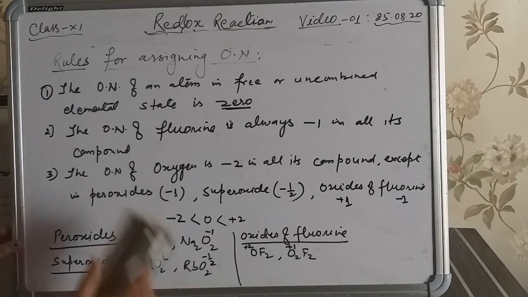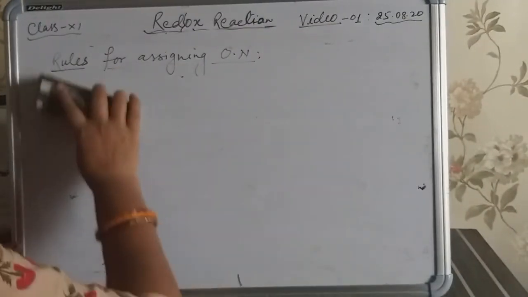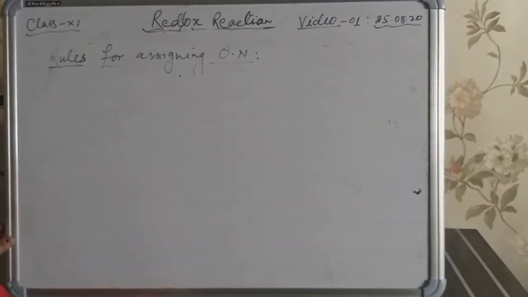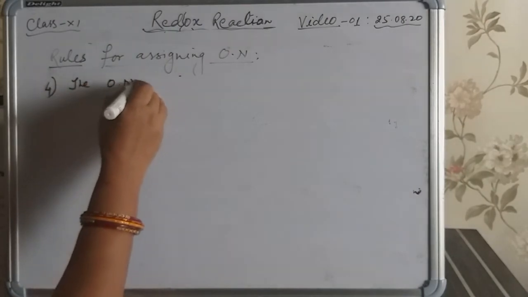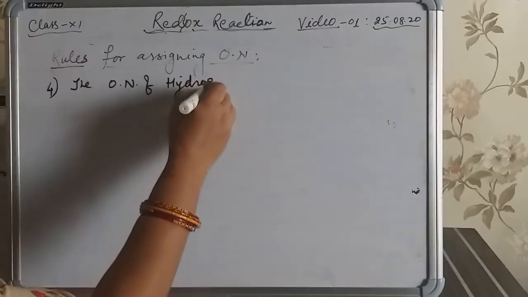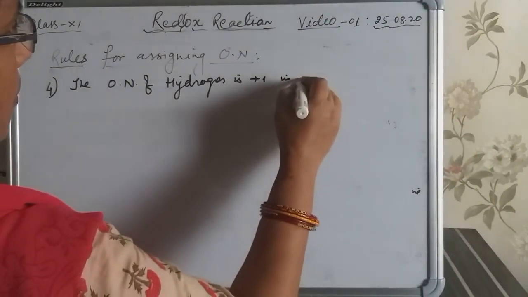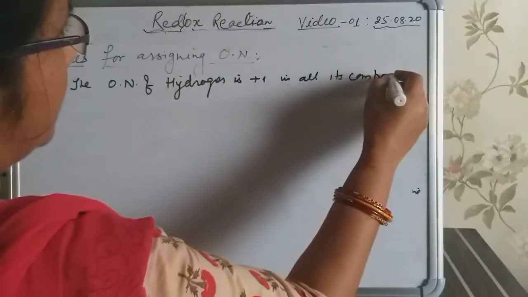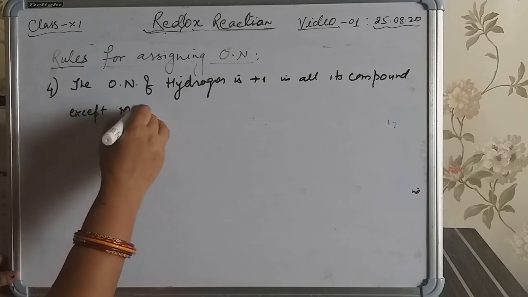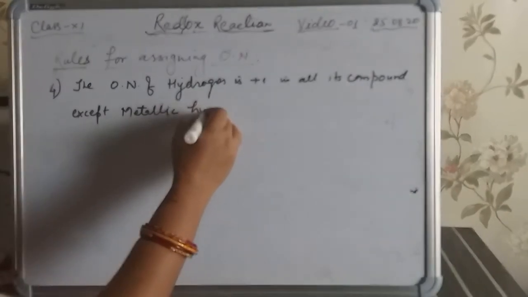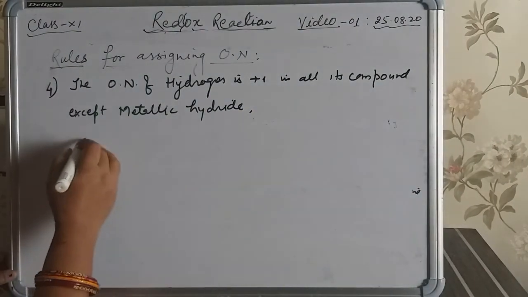Let's discuss the fourth rule. The oxidation number of hydrogen is +1 in all its compounds, except in metallic hydrides, where the oxidation number is -1.